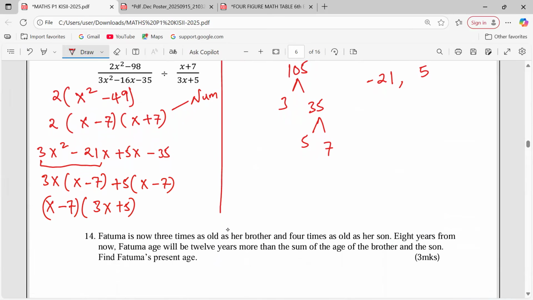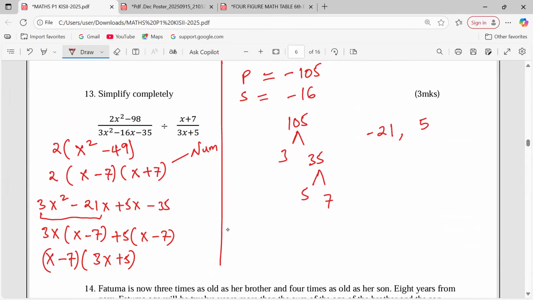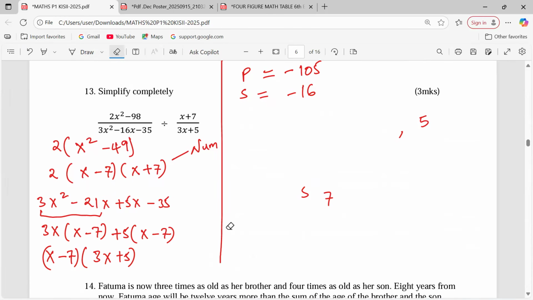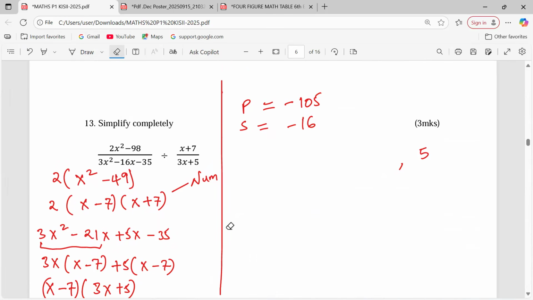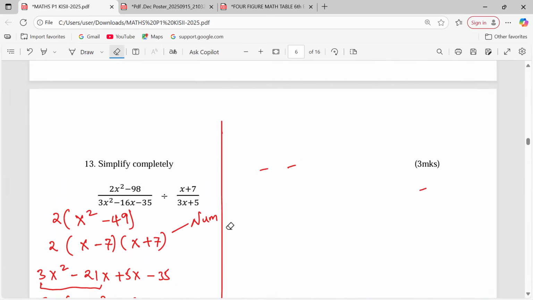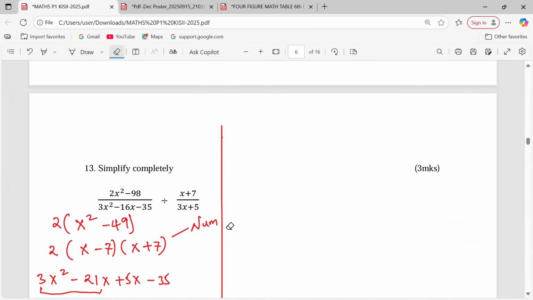So with this now, we can combine the numerator and the denominator, so that we first finish up with the first term here.